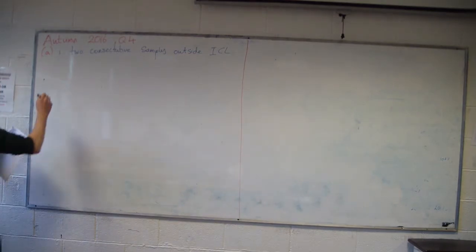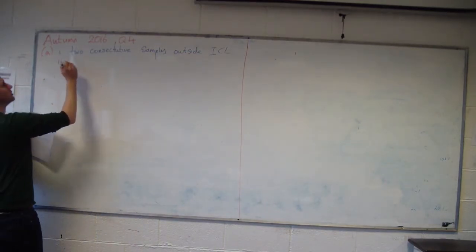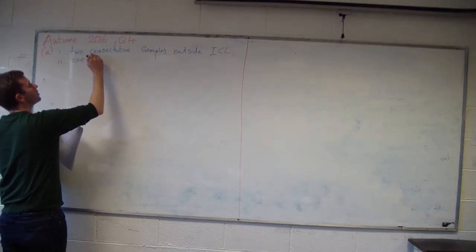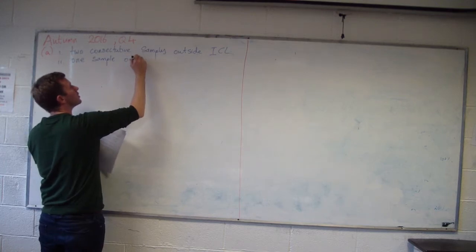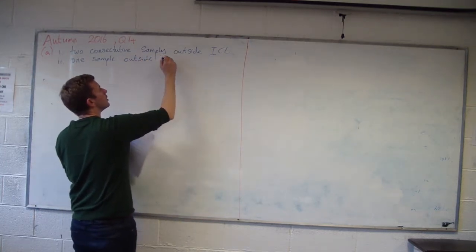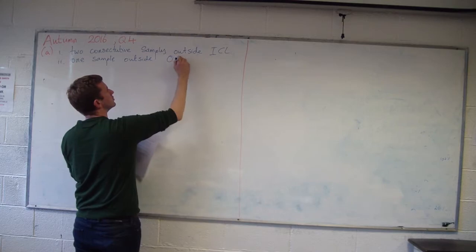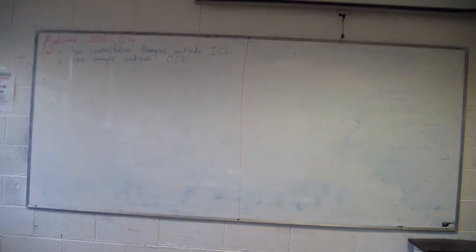And then the other one is 1 sample outside the outer control limit, obviously, or worse. Now I think it's probably nearly impossible to have 2 consecutive outside the outers. I won't get into why, but it shouldn't ever happen. Okay.